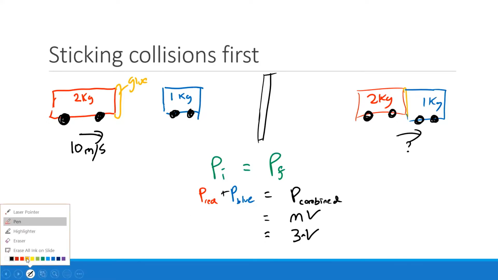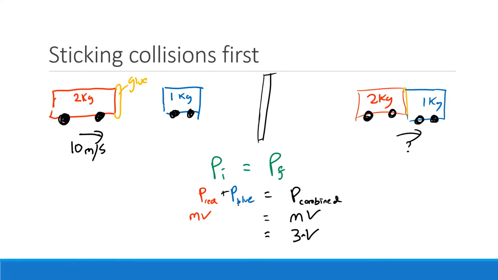What about the momentum of the red car? The momentum is mv, which happens to be 2 times 10. And the momentum of the blue one, can anyone tell me, if this car isn't moving, what's the momentum of this cart going to be? Someone take a guess in chat.